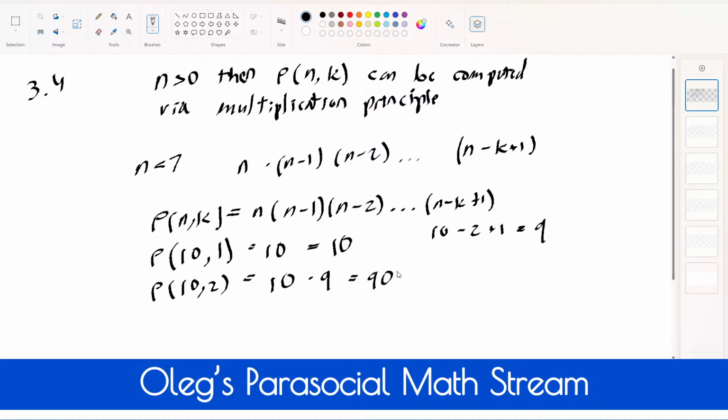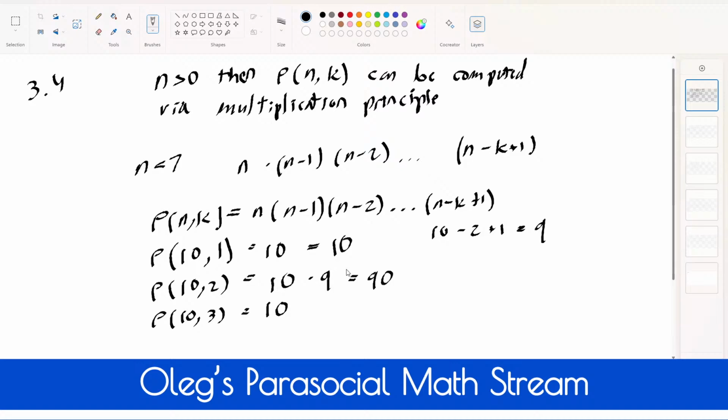All right, so now P of 10, 3. So n is 10, and again, we have n minus 1. We are going to go through 3 iterations.